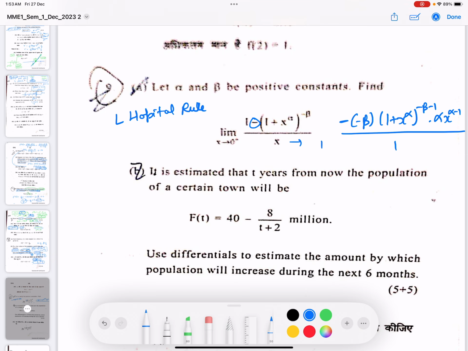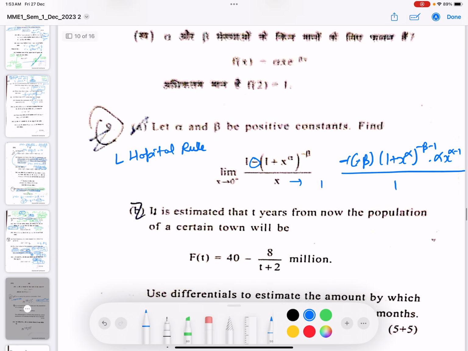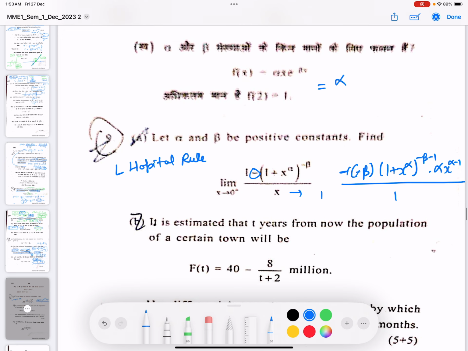So this minus sign will cancel out. So we are left with alpha beta times 1 plus x to the power alpha minus beta minus 1 into x to the power alpha minus 1 upon 1. This would be our final limit as x approaches 0 plus.